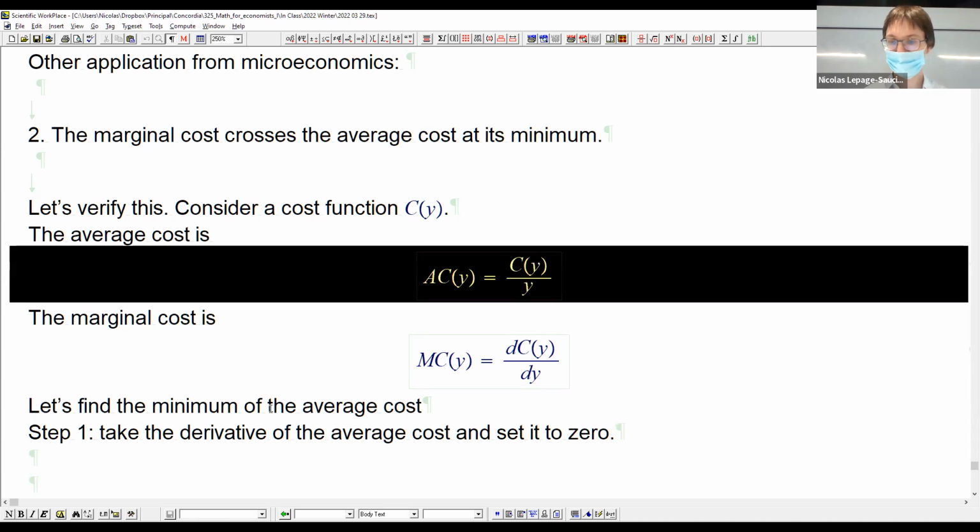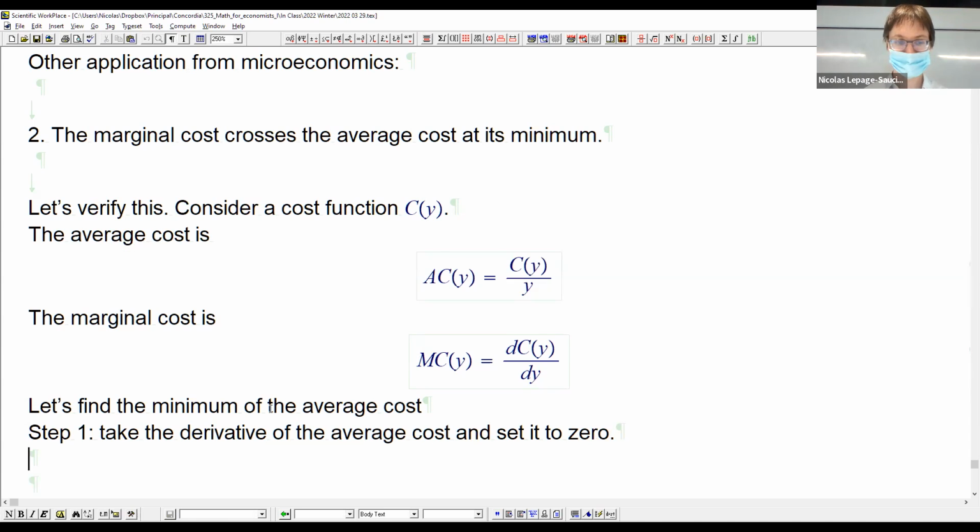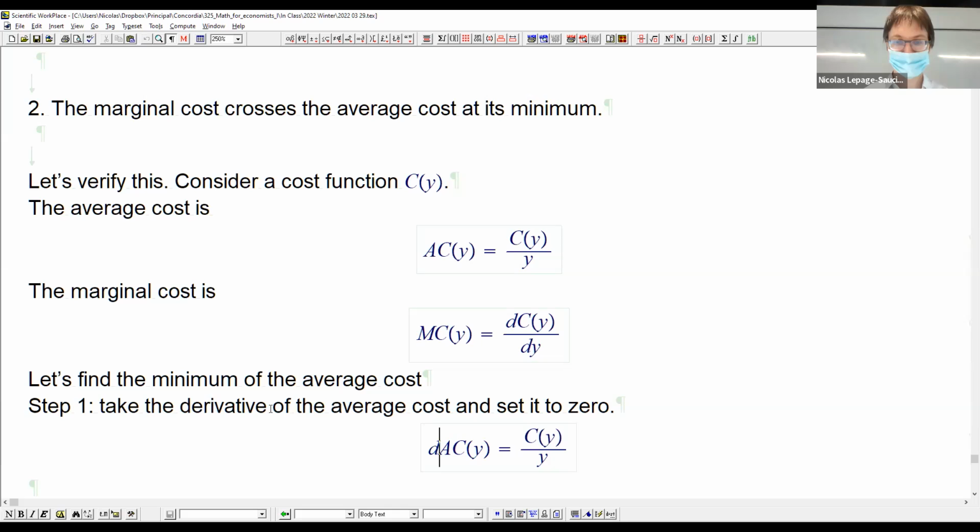So dAC of y over dy. And then I can let you do it if you remember a bit. So you have a quotient. So do you remember exactly what you get for a quotient? Not really.